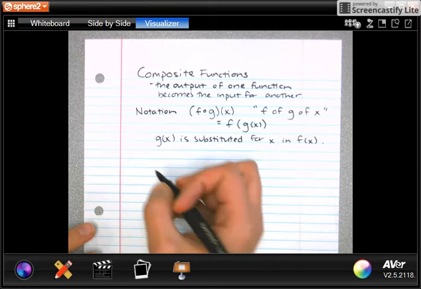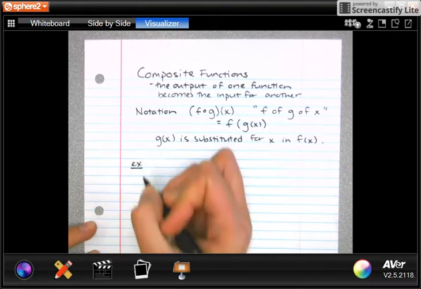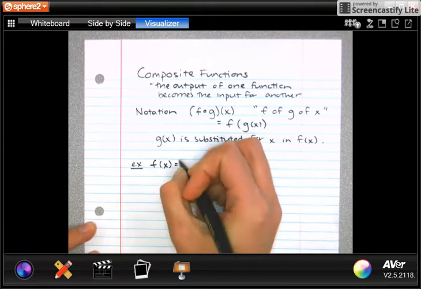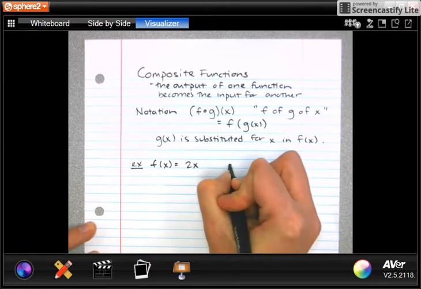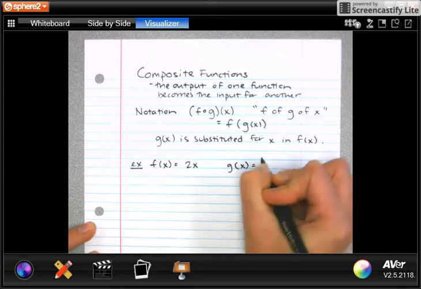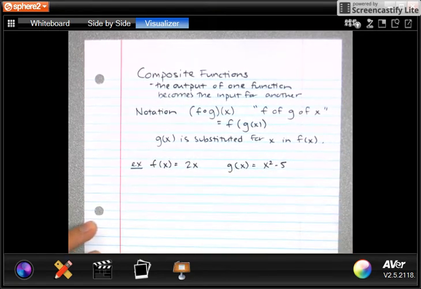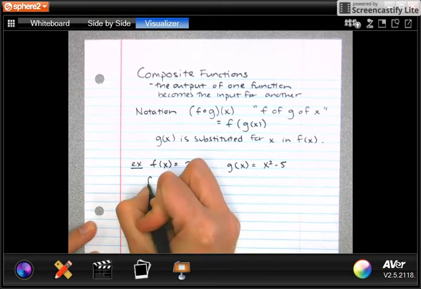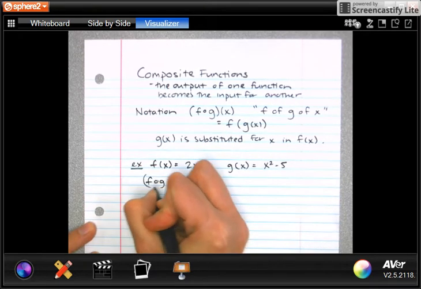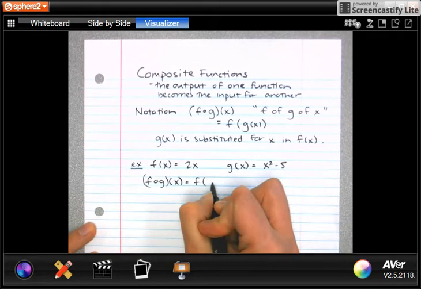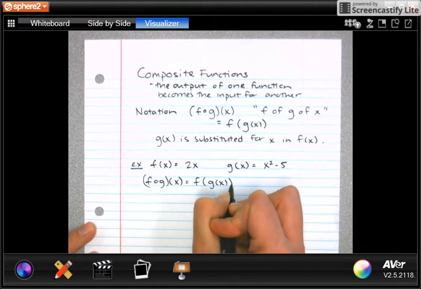So let's see a quick example. We're given that F of X is equal to 2X and that G of X is equal to X squared minus 5. Now, if we're asked to find F of G of X, remember that means F of G of X, you can write it out that way.